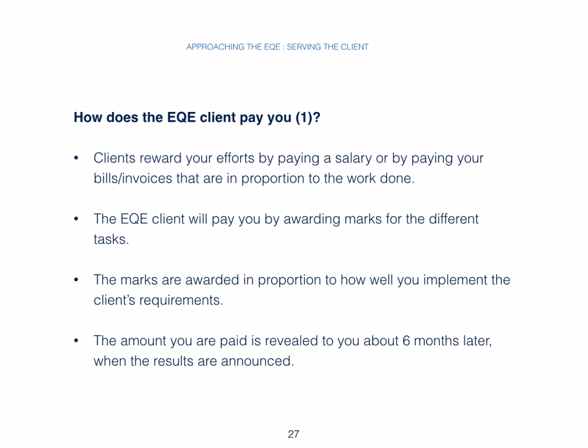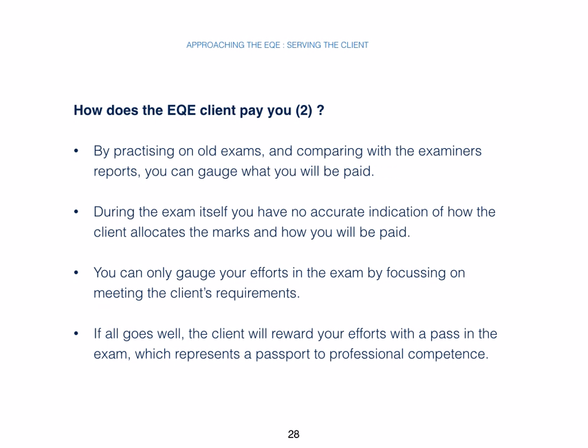More on the next slide. By practicing on old exams and by comparing with the examiner's reports, you can gauge what you will be paid or what you think you ought to be paid for your efforts. It gives you a reasonable idea of how well you are doing.